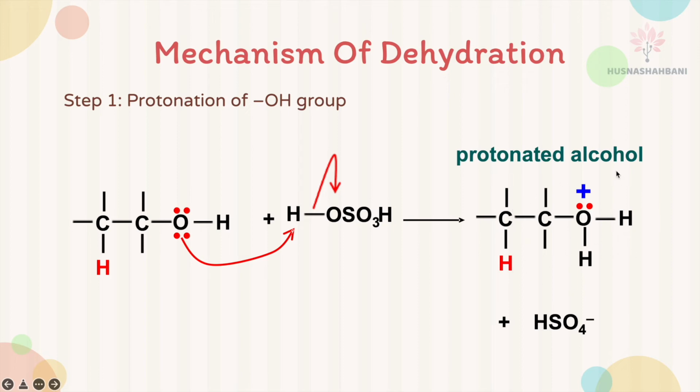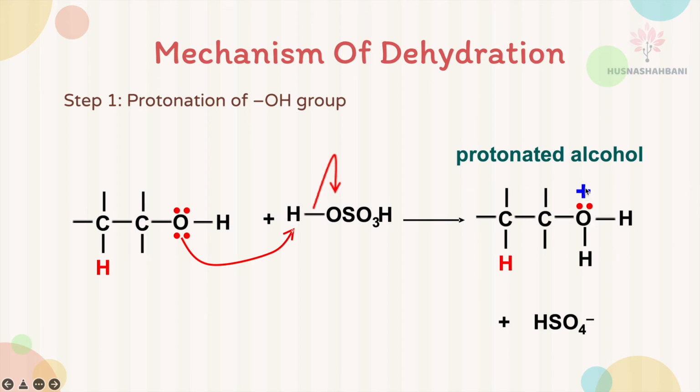This is protonated alcohol, which means 1 H added to the OH group, and HSO4 minus, because the 2 electrons are both on the O. So the minus here is at O, HSO4 minus. This is the side product, and this is the product of protonated alcohol.